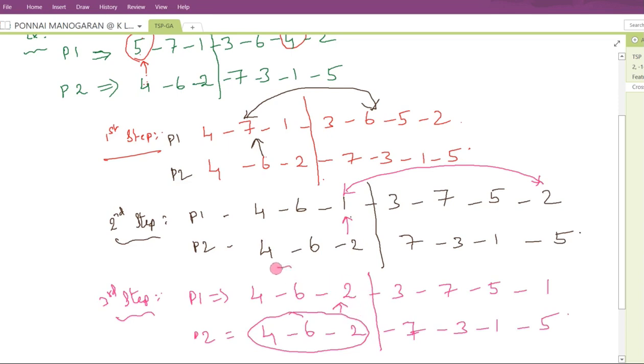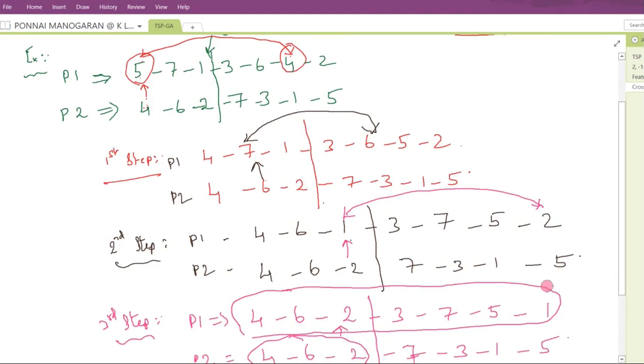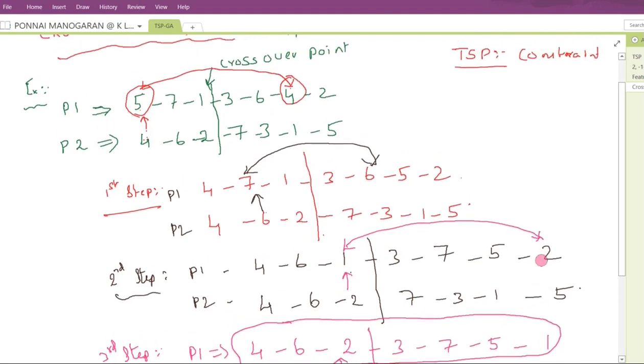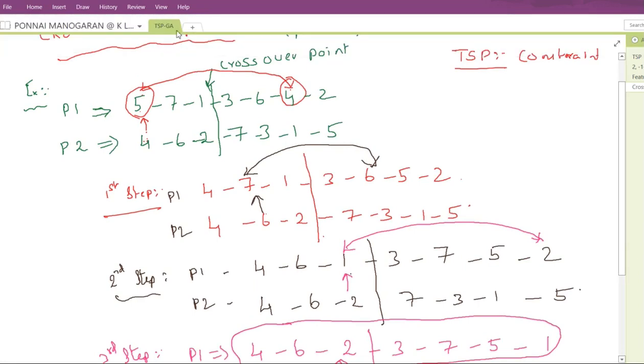So you can see this is our first child. So we got our first child. Let us write the first child here. You can write in blue color.